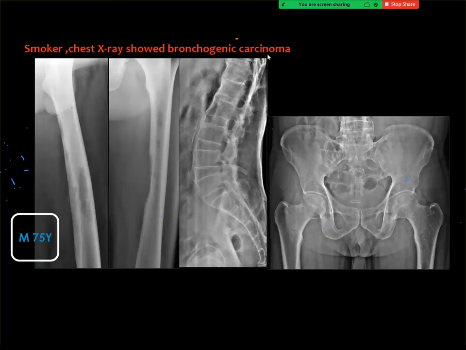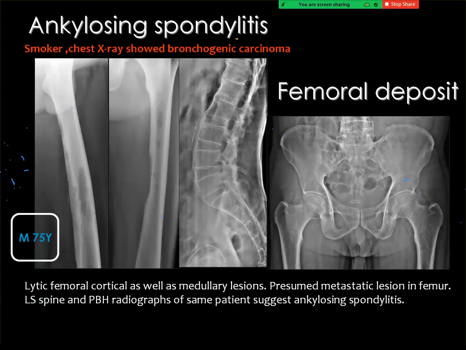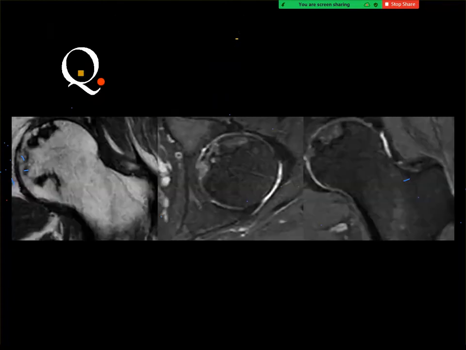Though bronchogenic carcinoma is associated with metastatic deposit in the shaft of the femur, the patient had another problem which is unrelated to the bronchogenic carcinoma, which is ankylosing spondylitis. Then this is MRI, coronal T1, axial stair, coronal stair.